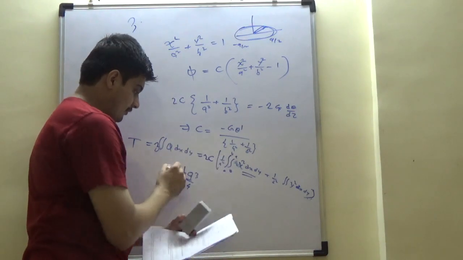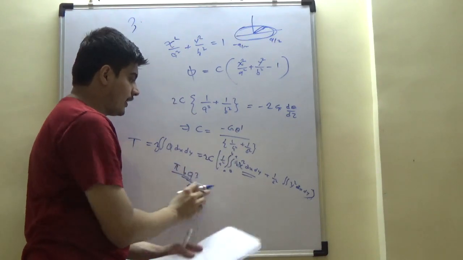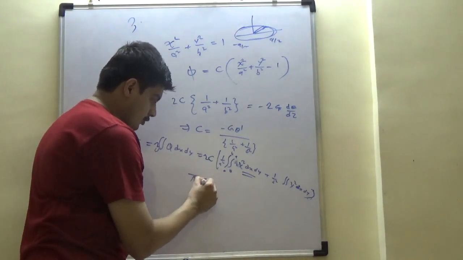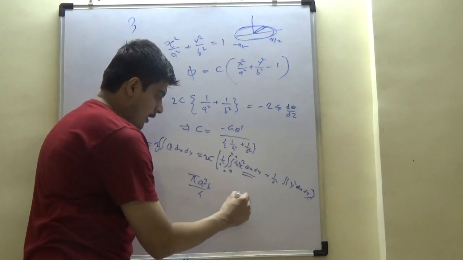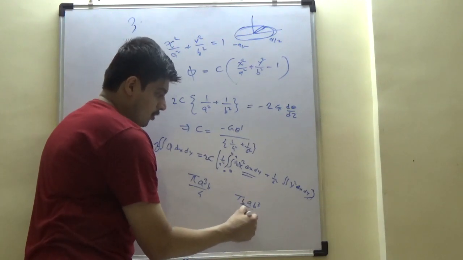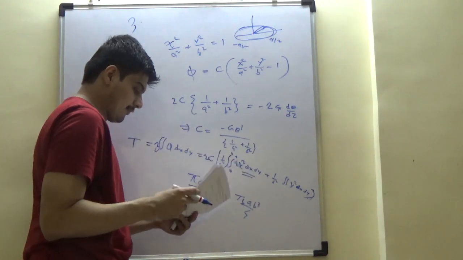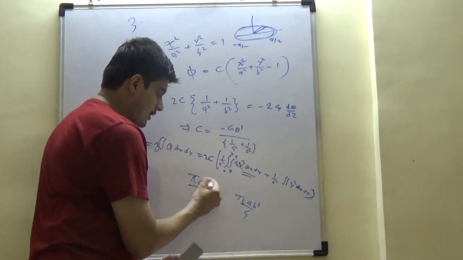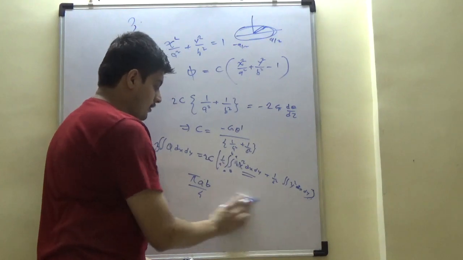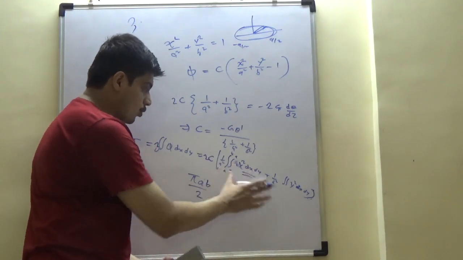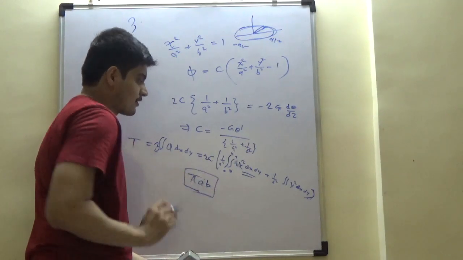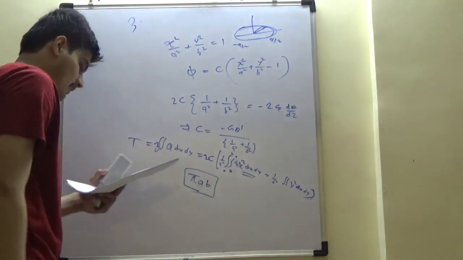correct? And pi is going to be because of the theta, so pi, this is the second moment, so pi a cube b upon 4 and pi a b cube upon 4, these will be these two integrals, right? When I differentiate, then this will become pi ab, this will also be pi ab, so pi ab upon 2 into 2c, so pi ab, the area of the ellipse, is what I am left with.